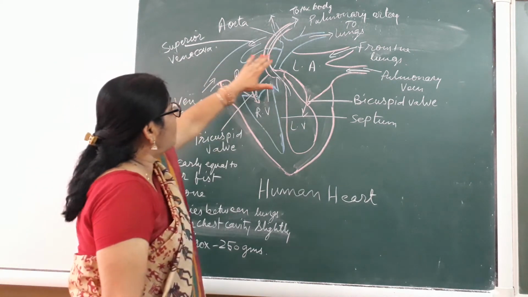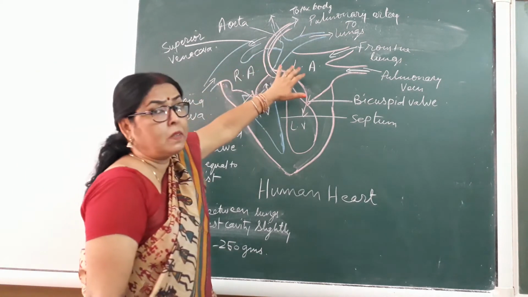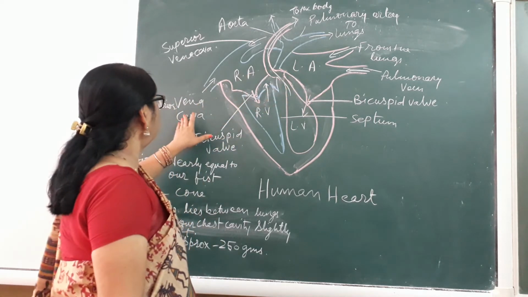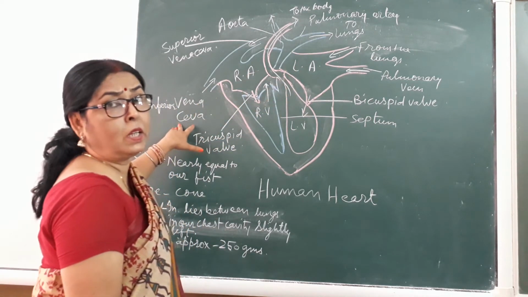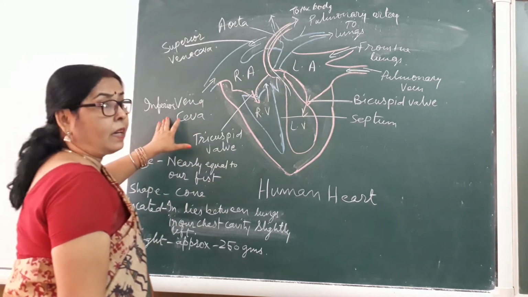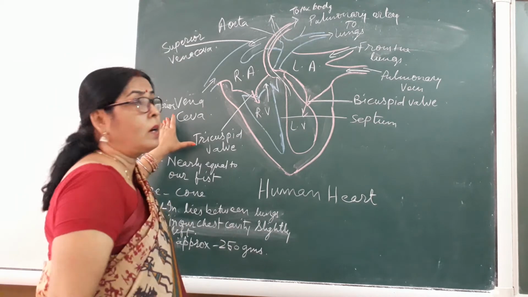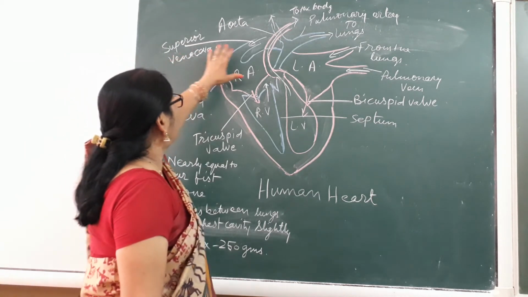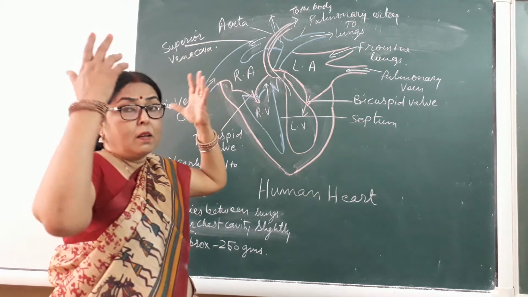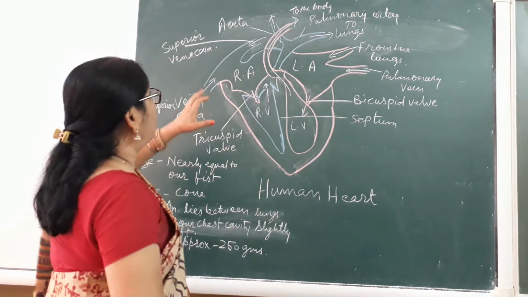So these are the two upper chambers, right and left. The right part receives blood from the body through the vena cava. The inferior vena cava brings blood from the lower part of the body, and the superior vena cava brings blood from the upper part of the body.